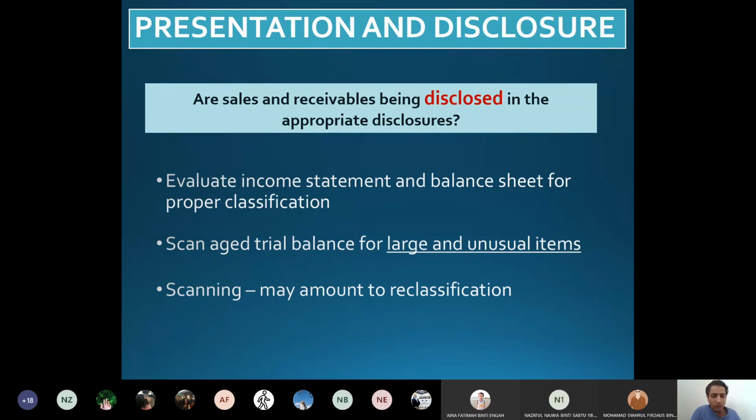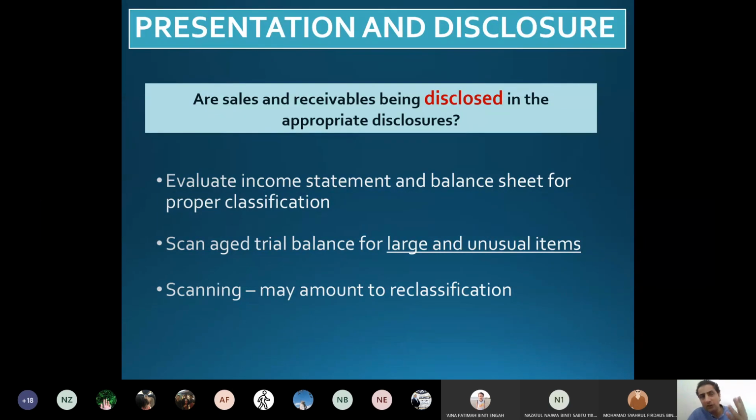How to design this? We first need to understand the client's business. We need to assess the planned control risk, and then do the test of control, and determine the extent of the test of control. Then we design the audit program, or planned audit procedures. What audit procedures will we do?